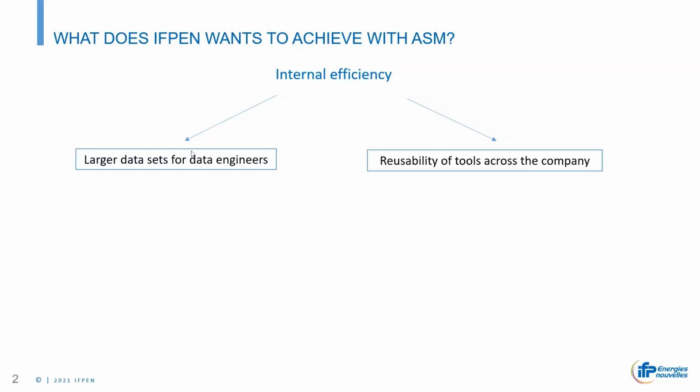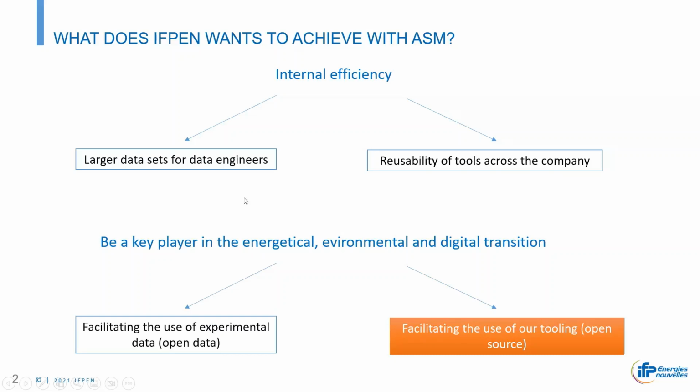And the second part is a bit more specific to IFPEN. It's to be a key player in the energetic, environmental, and digital transition. We are a public institute, and our mission is to change the world, let's say. So a couple of things. First of all, we want to facilitate the use of our experimental data.